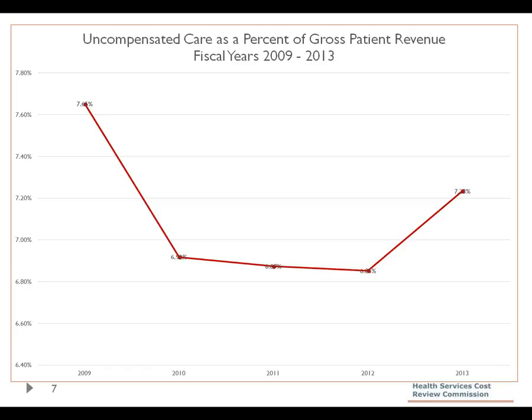Well, to the extent that folks pay directly based on actual hospital charges, which is most of the large employers in the state, then that would be directly reflected in the amount that they pay as a reduction.